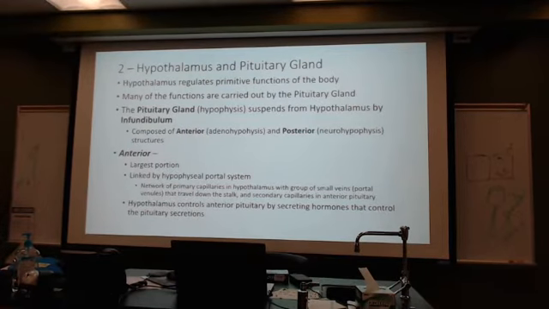If I look at my anterior portion, which is cellular in makeup, that means I've got a bunch of cells all throughout this anterior portion that has a connection to a capillary network, that has a connection to a capillary network in my hypothalamus.